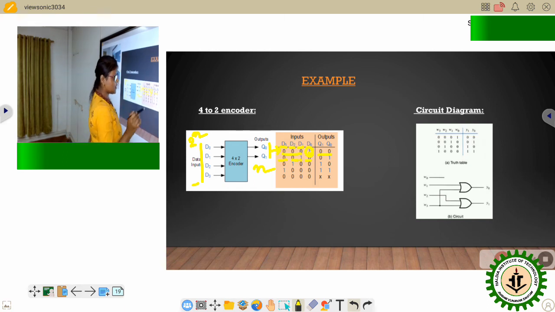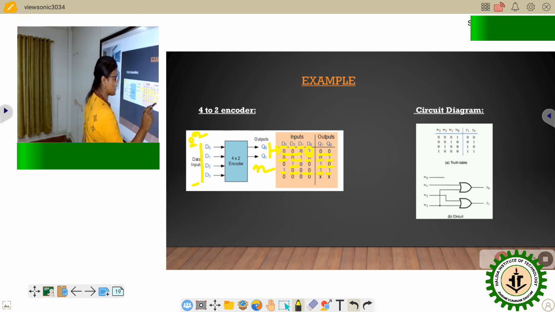In case of D2, when we are giving D2 as 1 and everything else 0, we are getting the output as 1 and 0. Next, when we are giving D3 as 1 and all the others 0, we are getting the output as 1 and 1.